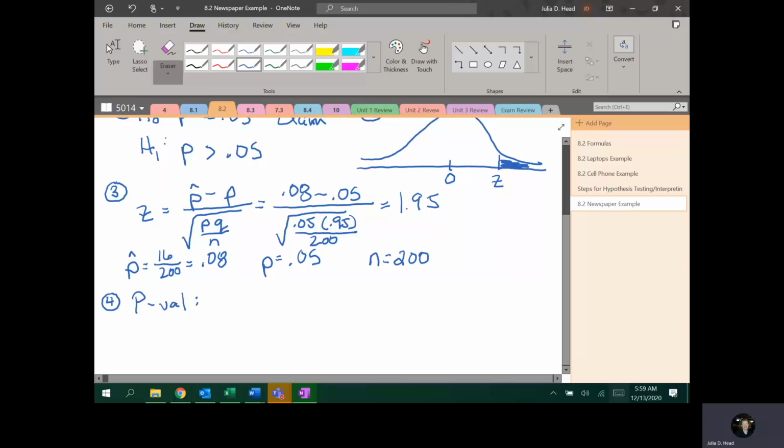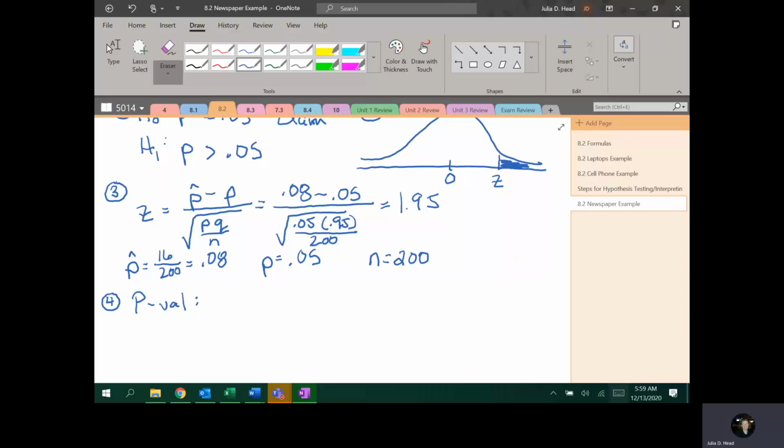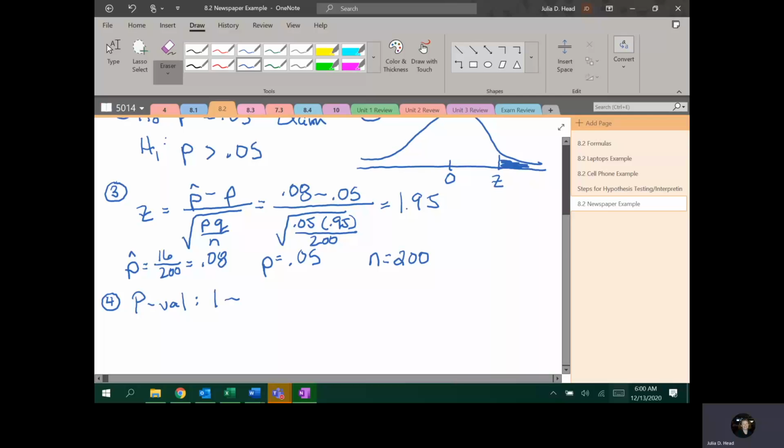When you have a right-tailed test, if you think back to chapter 6, when we were calculating the shaded region on the right, we had to use the complement rule because the dist commands in Excel only gave me the area to the left. So since this is a right-tailed test, we will have to use the complement rule. So we'll use 1 minus. Another thing that you have to consider is which distribution it is.